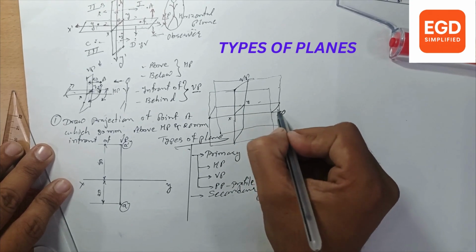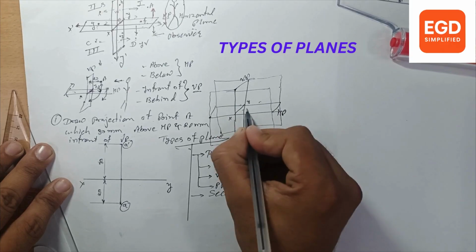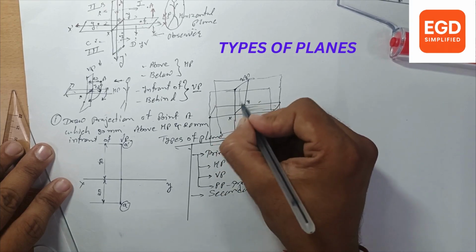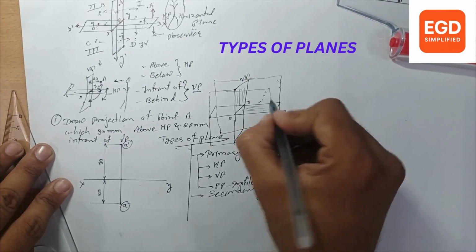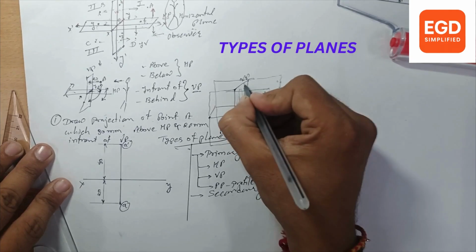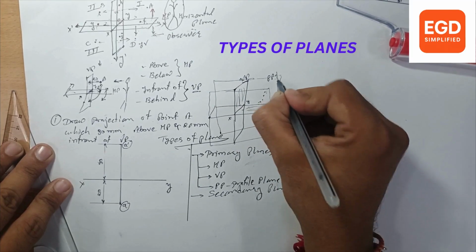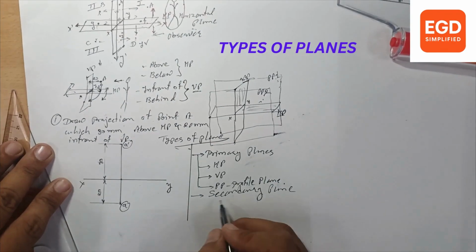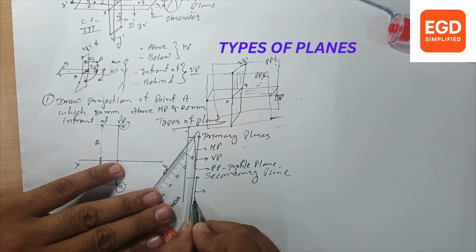Both planes are perpendicular to the horizontal and vertical planes. We can consider this our floor on which we are walking. This is our front wall, and these two are side walls. So this is our horizontal plane, this is our vertical plane, and these both are profile plane 1 and profile plane 2.